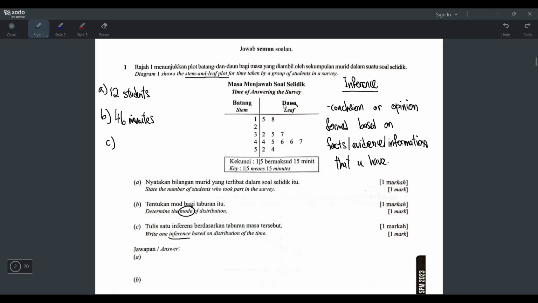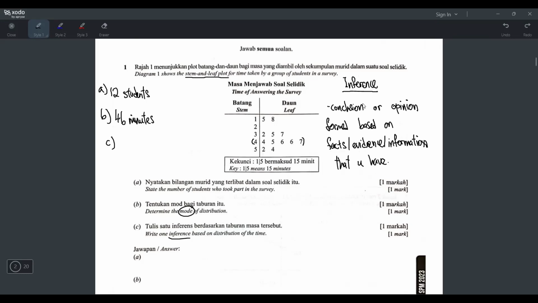Okay, so I already told you just now, leaf is actually the bilangan, berapa data dekat situ. You can see how many data from counting how many leaf, right? So you can actually see who has the most leaf, right? So it's actually 40 to 49, right? So most students, dia punya time taken is mostly in this range, right?